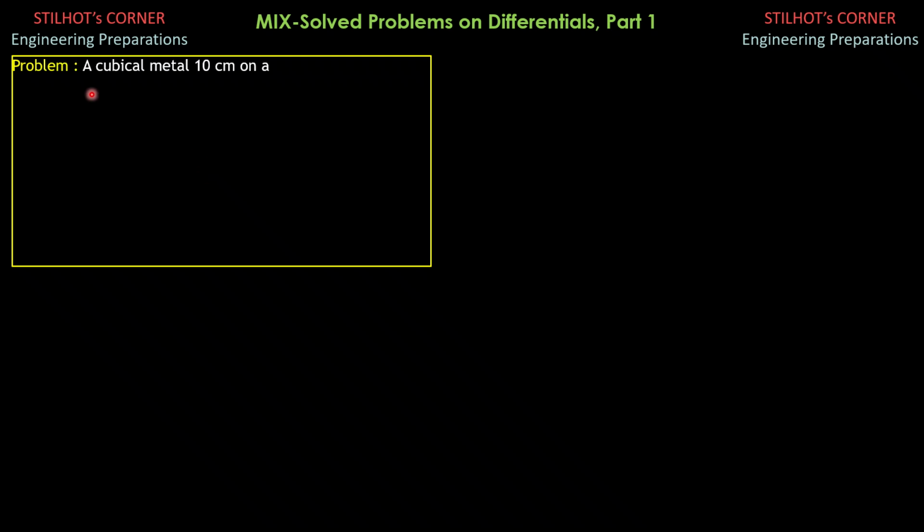A cubical metal 10 centimeters on a side is coated with a layer of ice of uniform thickness.